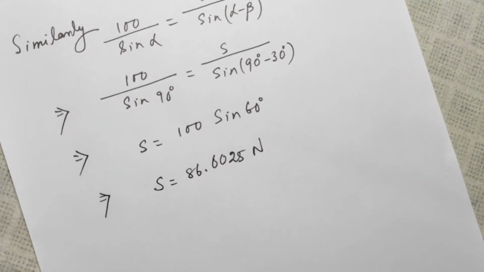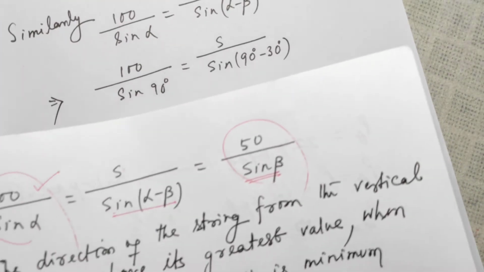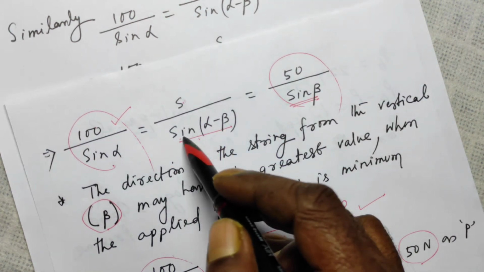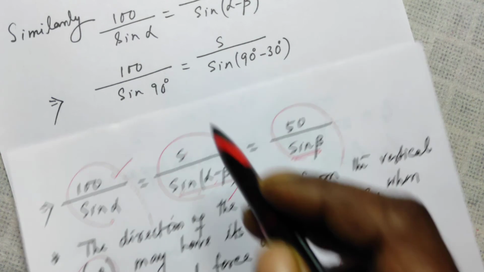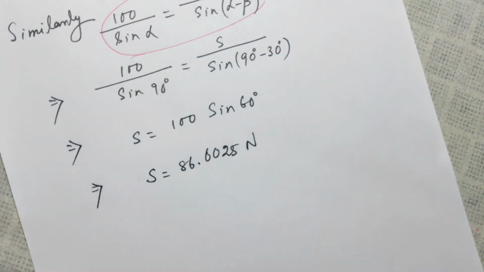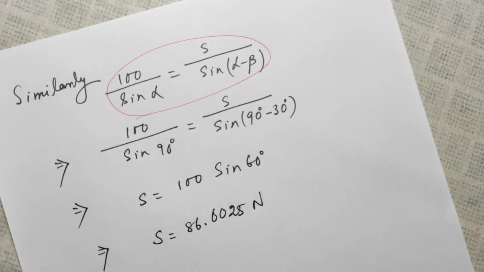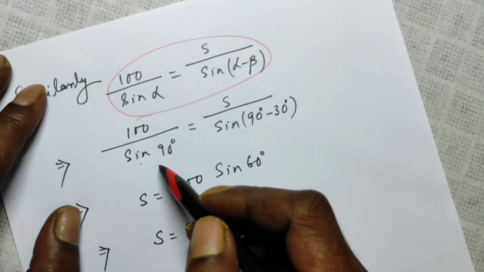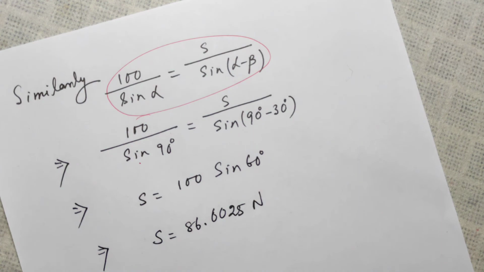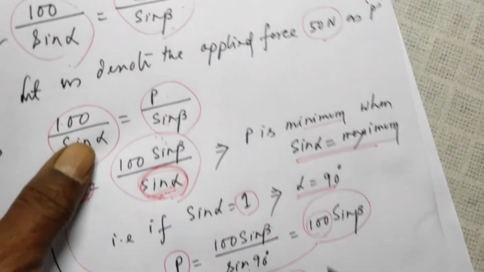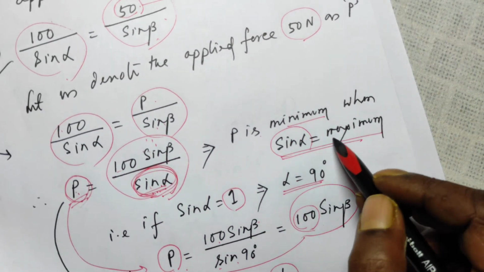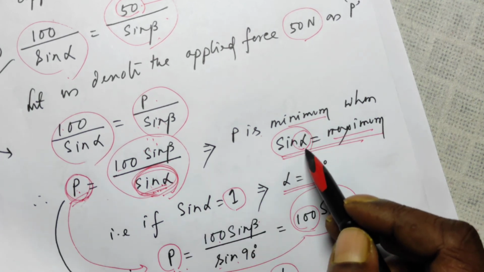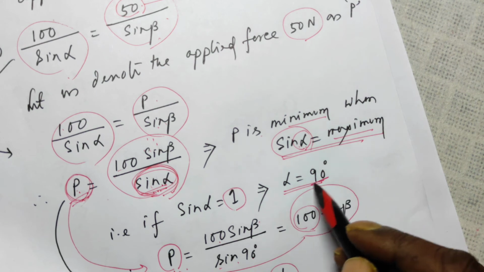Similarly, if you consider this part, 100 over sine alpha is equal to S over sine of alpha minus beta. I just argued that if sine alpha is maximum, then P will be minimum, and from this condition I found alpha to be 90 degree.